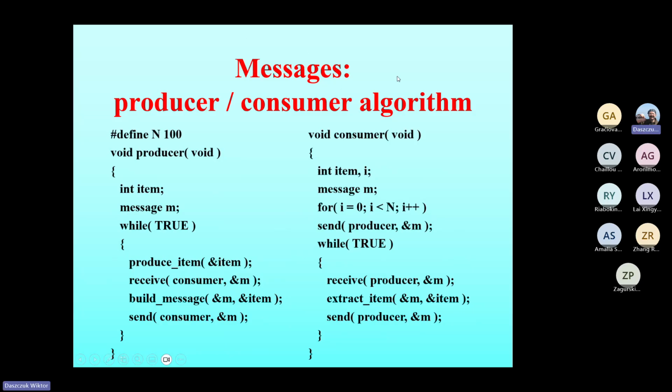In this solution, the messages are permanent. That means that if we create a message, it flows forth and back between the cooperating parties, but it is not discarded when it is received.